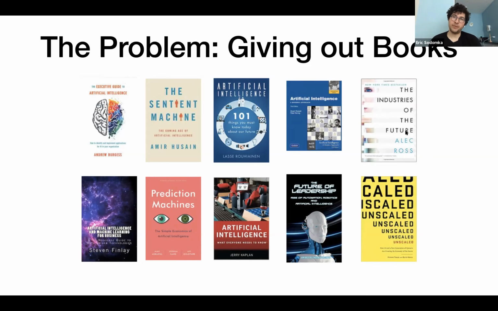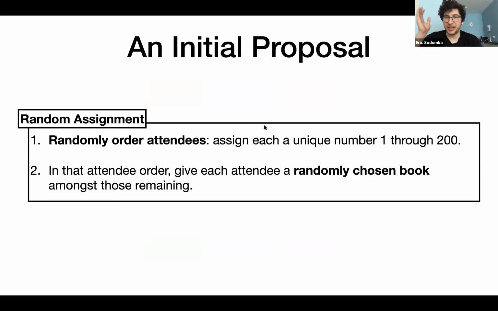How should I actually go about giving these books out? And just to get the conversation started, I'm going to propose a mechanism, which is some means of giving out these books. I'm going to call this algorithm random assignment. It's very simple.